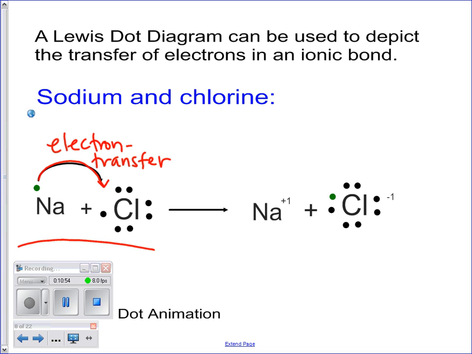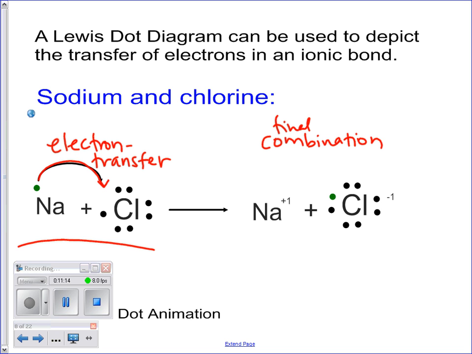Then I'm going to ask you for the final combination, or the ion combination. So this will be that final combination that you see. Once sodium has lost its electron, now you have no more electrons around it. It gets a +1 charge.